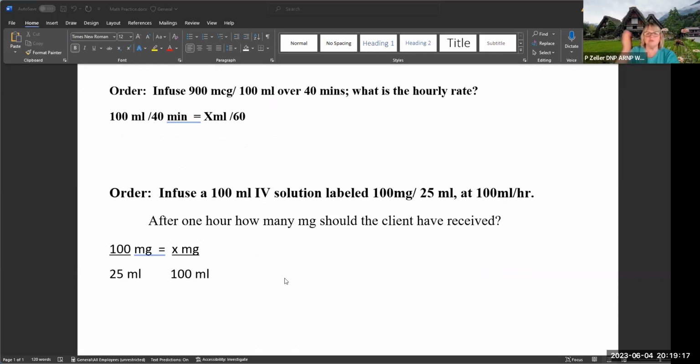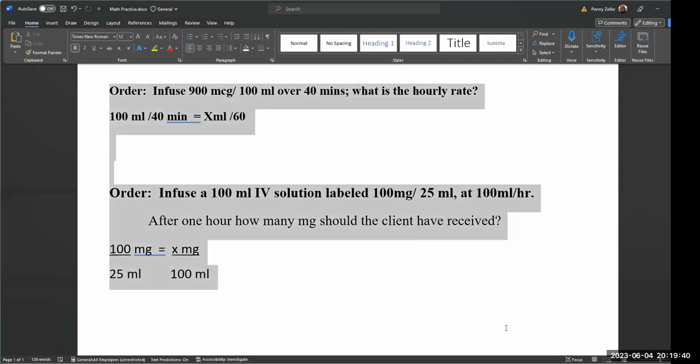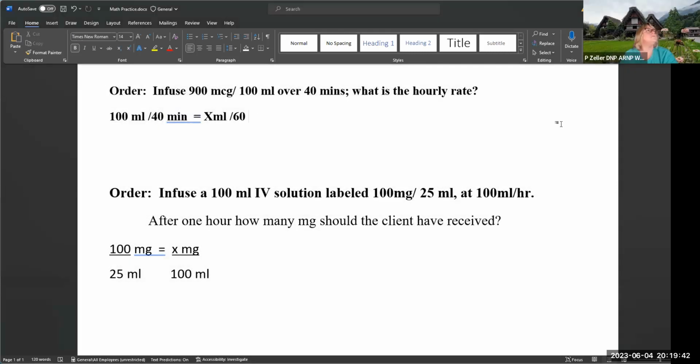So this is a several step problem. Remember that when you're doing math problems, as you're reading, you know what it's asking you for. If you want to screenshot that so you can practice on that bottom one here, and maybe even both of these, practice on that.